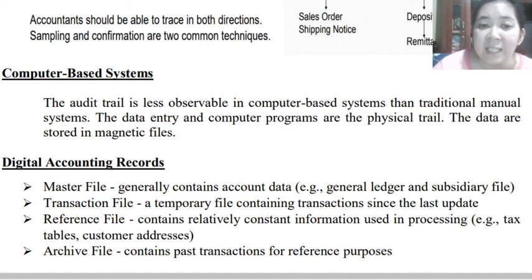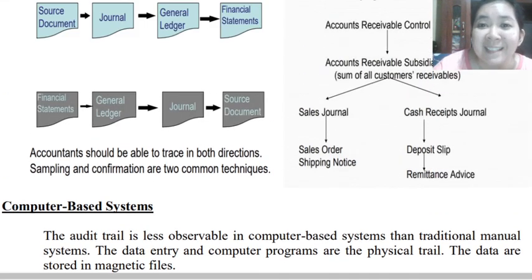Basically, this is the constant information used in processing, for example, the tax table and customer addresses. There the entity can refer if these transactions took place. We also have the archive file, which contains the past transactions for reference purposes. So this is how your accounting record is digitally kept under the computer-based system.